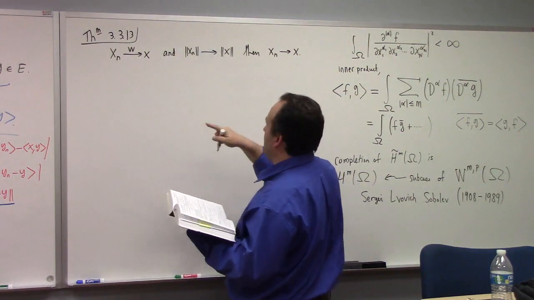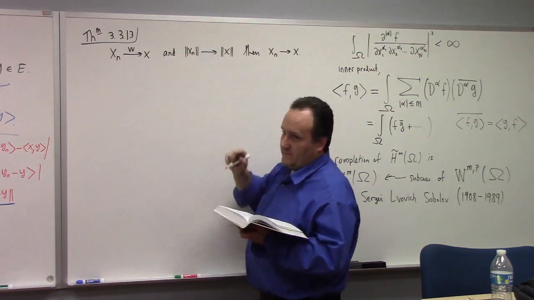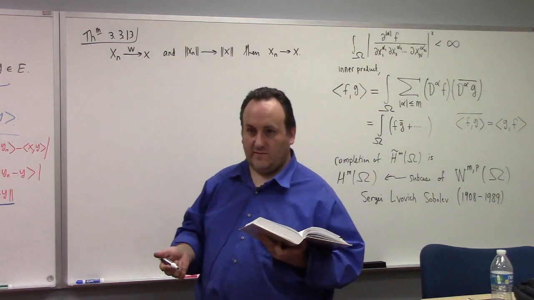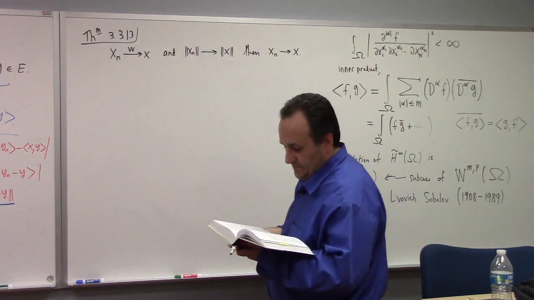In other words, weak convergence plus convergence of the norm implies strong convergence.